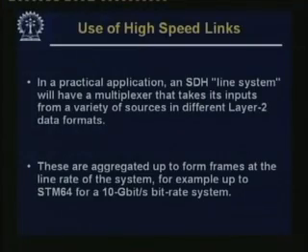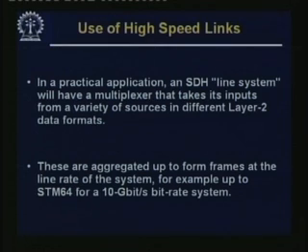Now, how do we use these high speed links? These high speed links of course have to be on fiber. We will look at details of fiber later on, but please note, in a practical application, an SDH line system will have a multiplexer that takes its input from a variety of sources in different layer 2 data formats. These signals are coming in the electronic domain from a variety of sources.